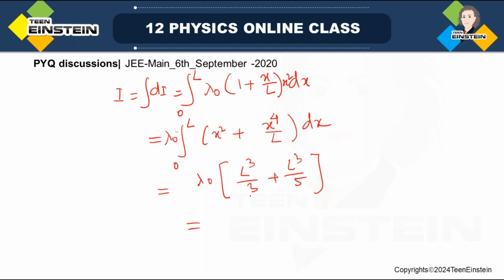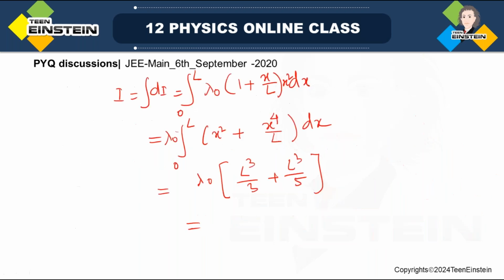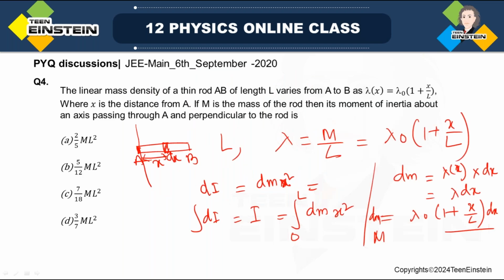Okay, so if m be the mass of the rod, so from here, lambda 0 into L, if I take common, what are the options given here?